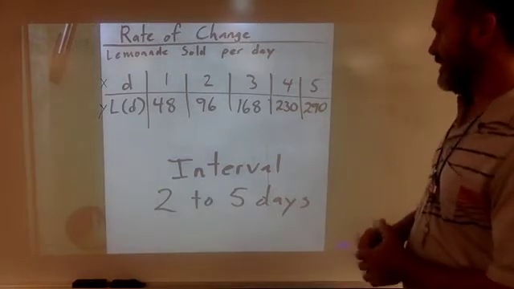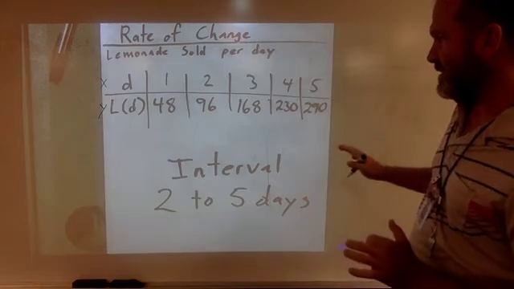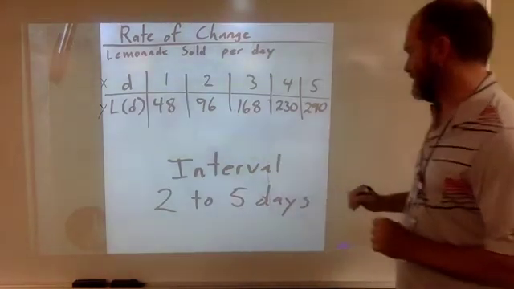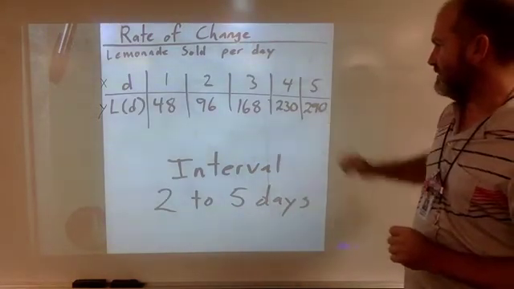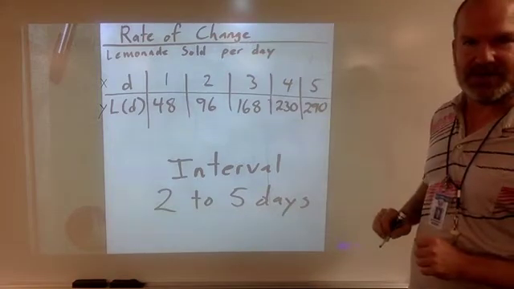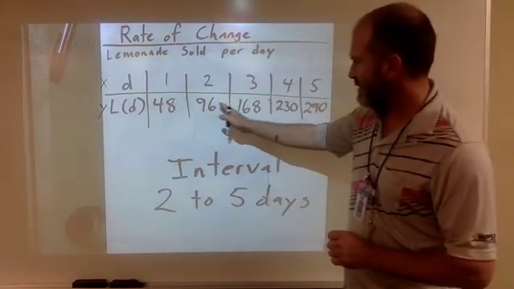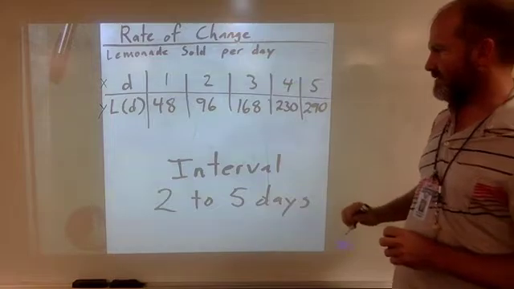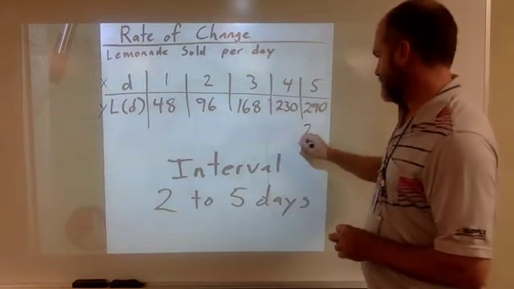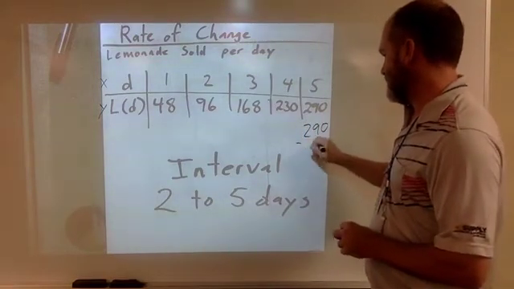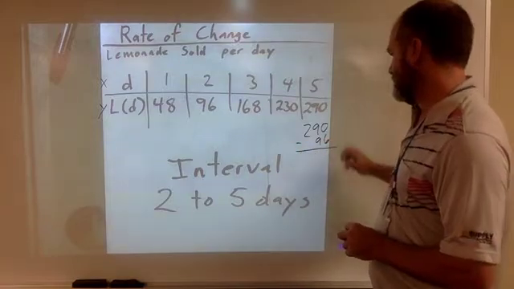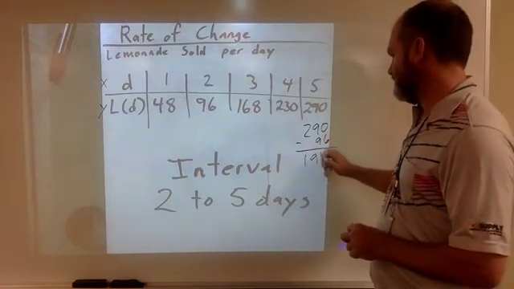Well, a lot of people are going to look at this and say 2 days was 96 and 5 days was 290. So how many lemonades were sold from that time? You would subtract 290 minus 96 and you would get 194.